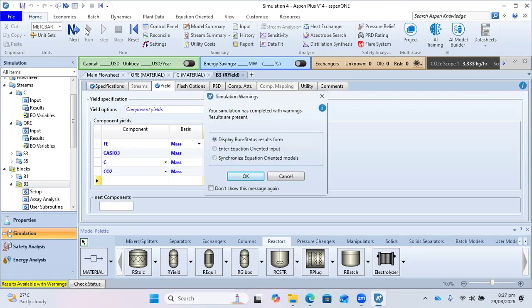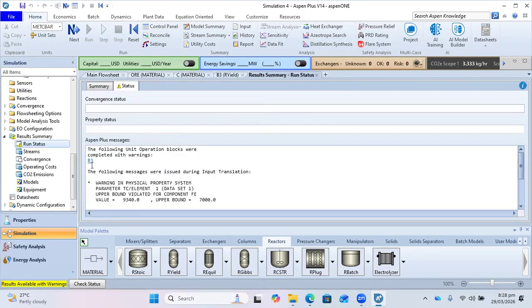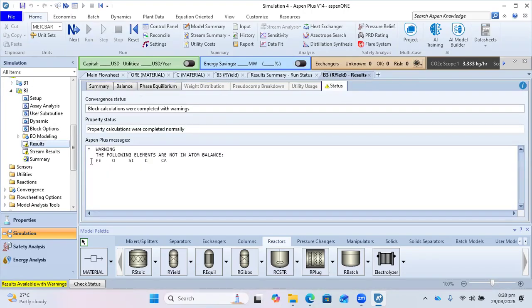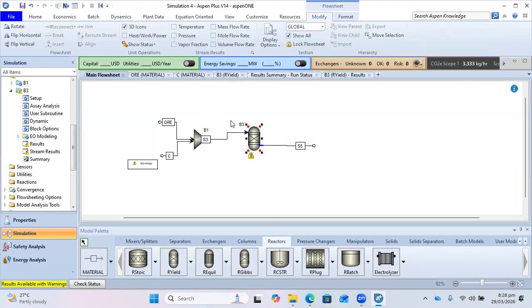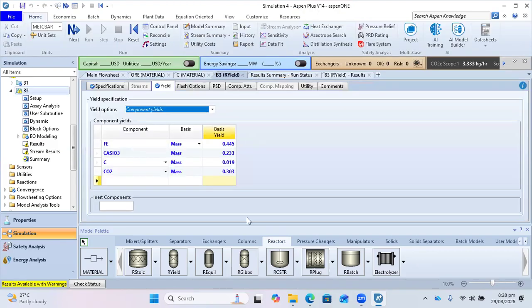We may get warnings, but that will be fine. You can decide to even check what the warnings are. Sometimes Aspen is extremely particular about the values you use. If we sum what we have here, 0.445, 0.233, 0.019, 0.303, we'll get one.